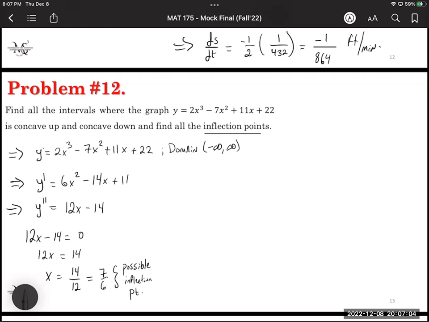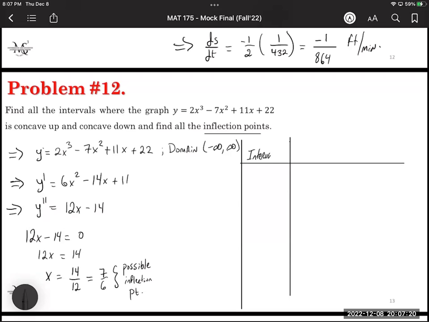So when I want to do the concave up, concave down analysis, I create a table. I'll put my table on this other side. The first thing in your table should be your intervals of interest. If my domain is all real numbers, negative infinity to infinity, and I only have this one possible inflection point, then I split this one interval into two.